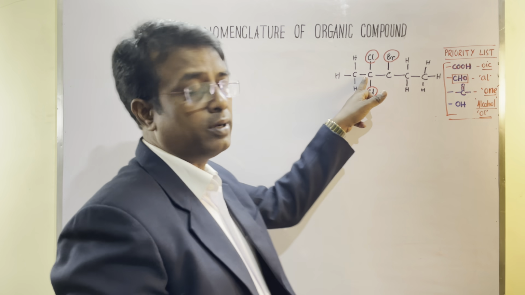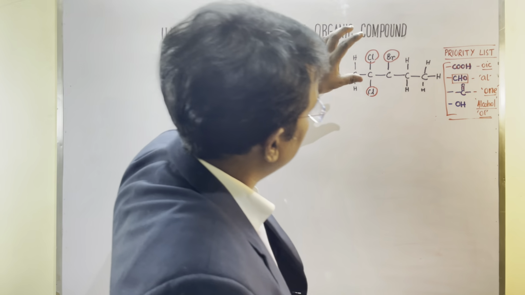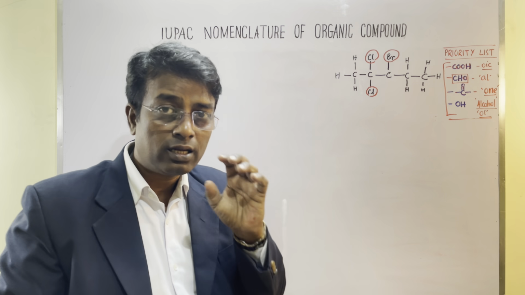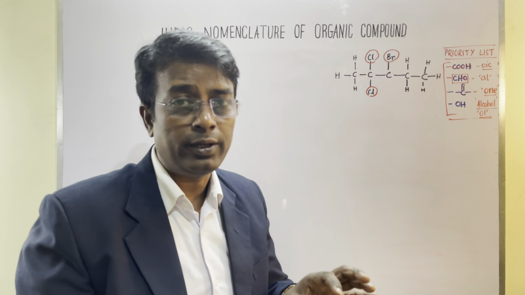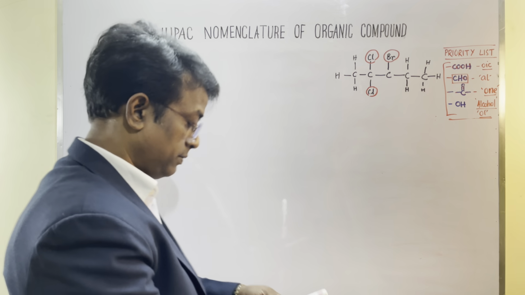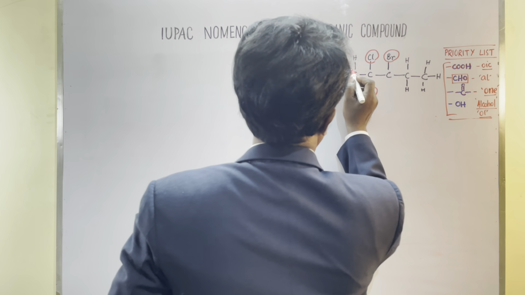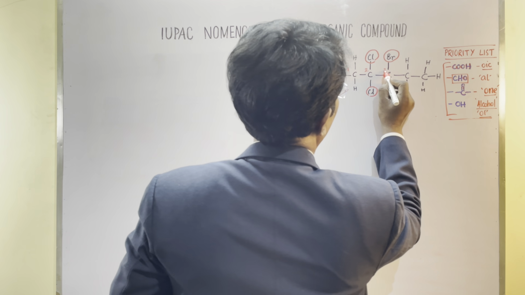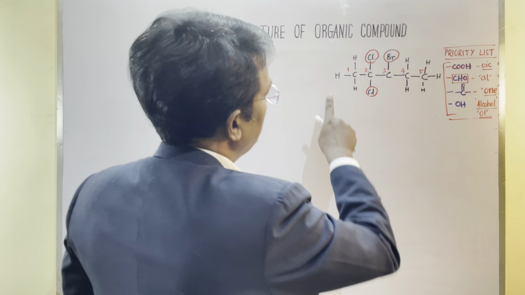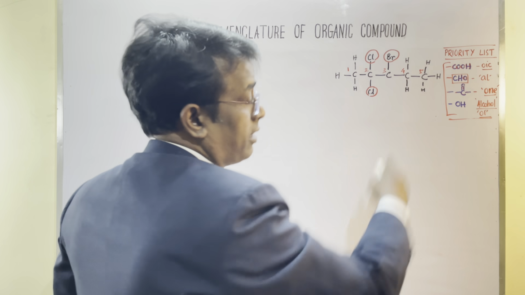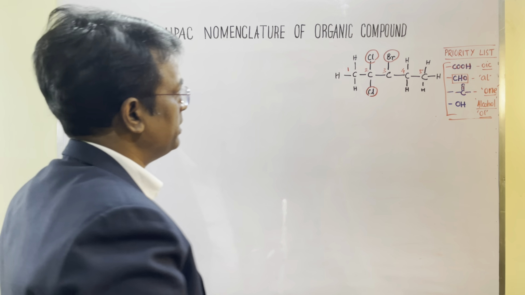So 2 is the lowest number, and the carbons to which the substituents are attached should get the lowest value. So we have to start numbering from this side, 1, 2, 3, 4, 5 in the main chain, and definitely it's a case of alkane, all single bonds.